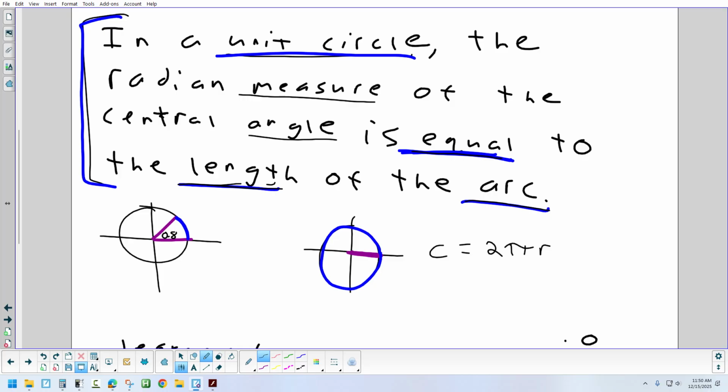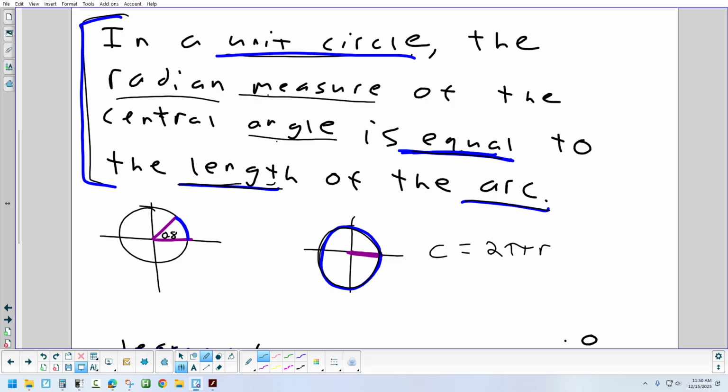Okay. So what we're going to do is find the length of the arc that goes all the way around the circle. And that's going to be equal to the measure of the angle in radians that goes all the way around the circle, because those two things always match on this kind of circle. So we're trying to figure out something that we know, the circumference, and that will be equal to the number of radians, which we don't know, to go around the circle.